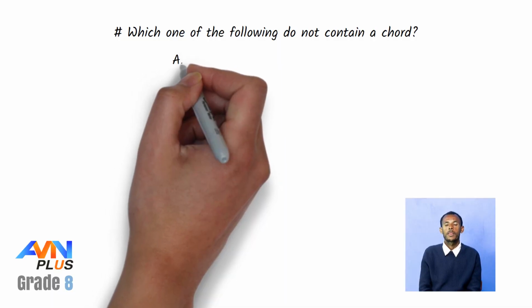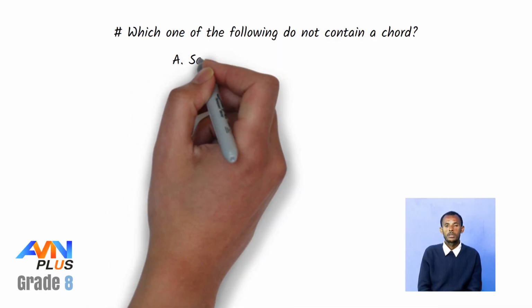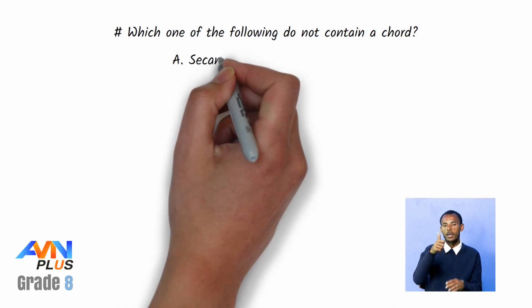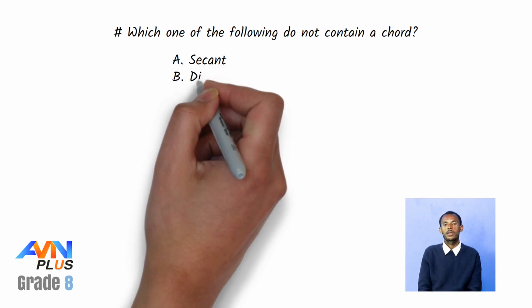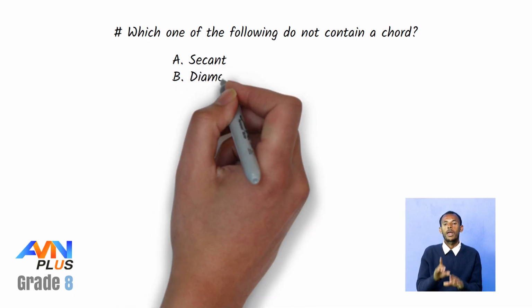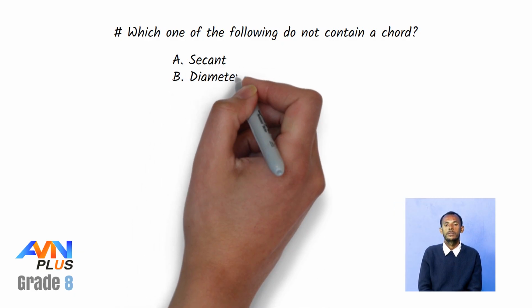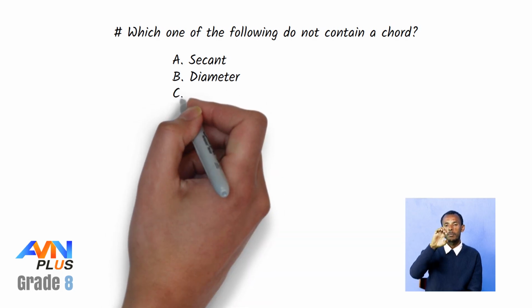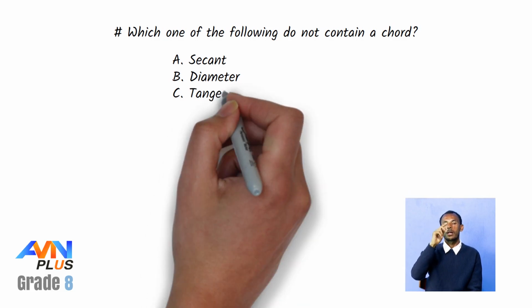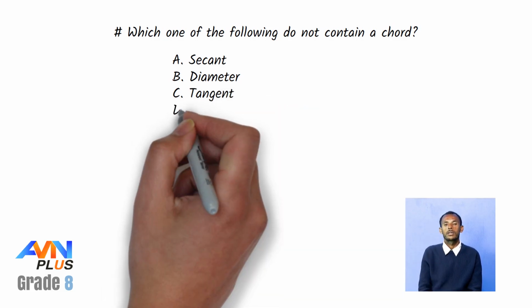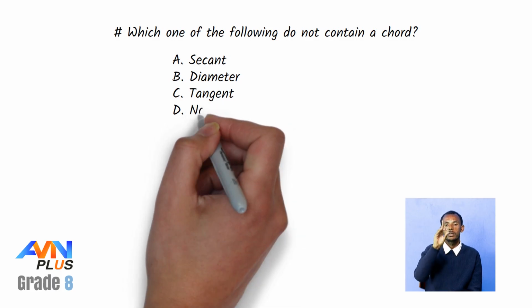In choice A, take secant. In choice B, diameter. In choice C, tangent. D, none.